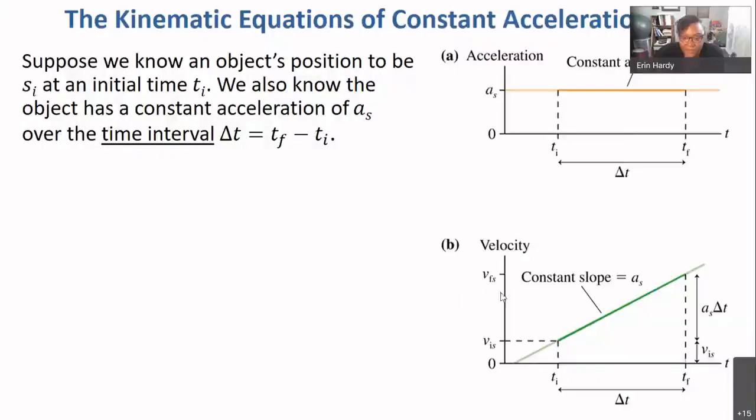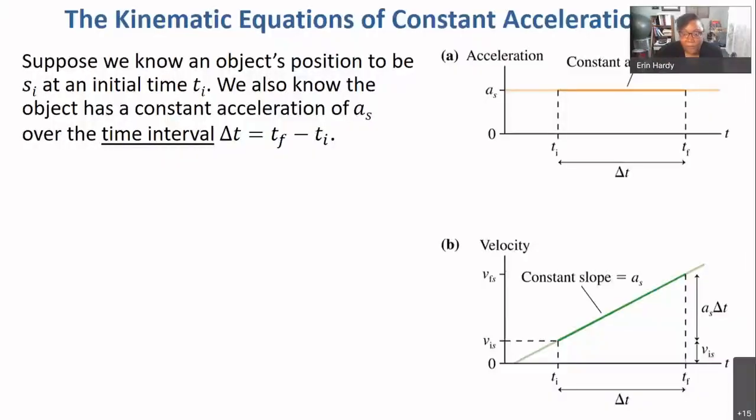Okay, so if we're just looking at the y-axis of our velocity graph, there's some v initial that has this s subscript so that we are still never mixing horizontal and vertical. We're just looking at one at a time. So for whichever axis this s is, the object starts off with velocity v initial, and it ends up with some velocity v final over the same delta t that's described in the acceleration graph.